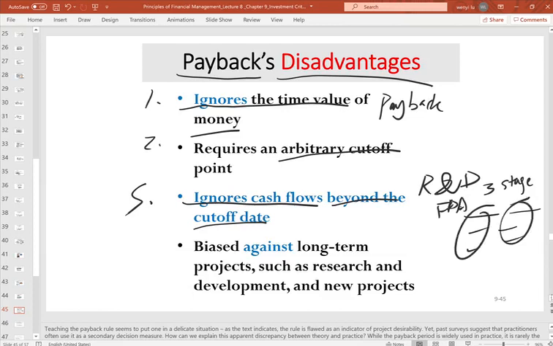So you ignore the cash flows beyond the cutoff date. It's not fair for our long-term research and development projects.